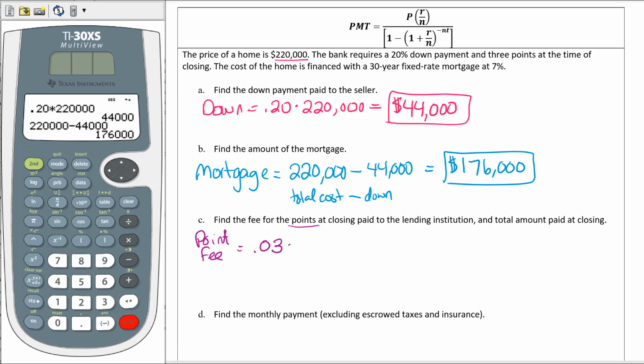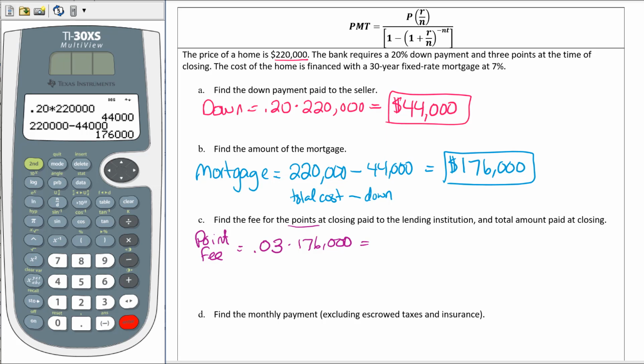So we're going to take 0.03 times the cost of the mortgage, not the cost of the actual home, the cost of the mortgage, which is $176,000. You're paying a fee for them to write your loan, and that's only on the $176,000, because you're already paying the $44,000 off the bat.